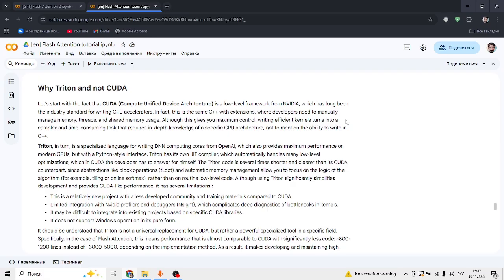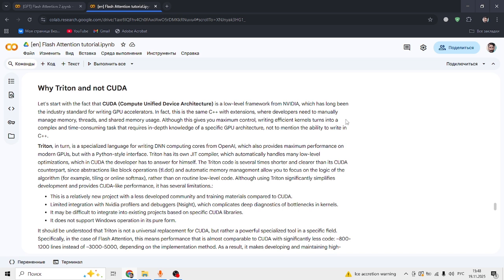So that's why I decided to use Triton, but we should know that Triton is not as widespread as CUDA, so it cannot replace CUDA in all tasks. It is a relatively new project, and it has a less developed community and training materials compared to CUDA.